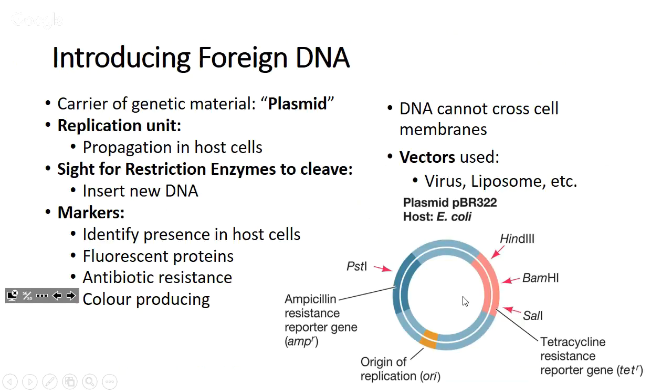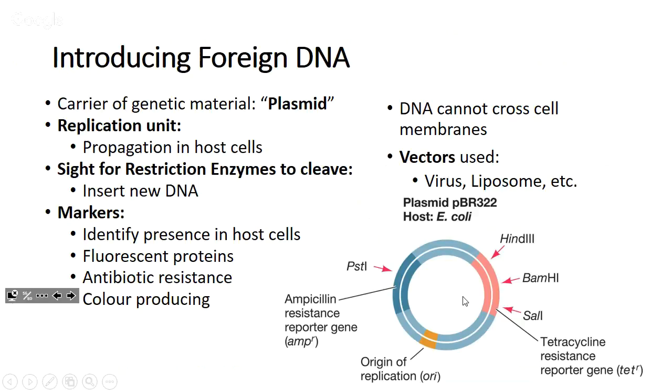It needs to have some sort of way of recognizing whether the introduction of the foreign DNA was successful. So it can be fluorescent, you can literally just see that under a specific type of light, or you can have antibiotic resistance.